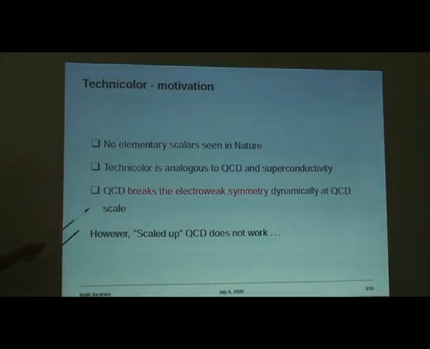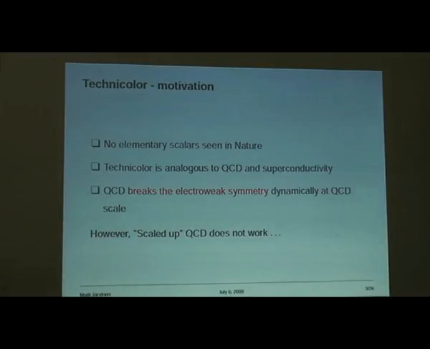Sorry, how does that work? Does it not couple the same way to all flavors? I don't see any particular difference. Why should it couple in a different way? If the electroweak symmetry were not broken by the Higgs, QCD would break it. Yes, this is of course the point.